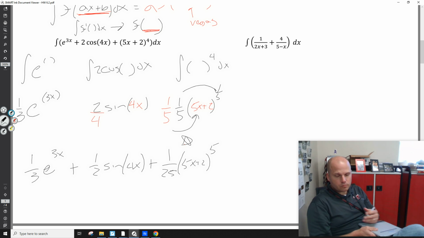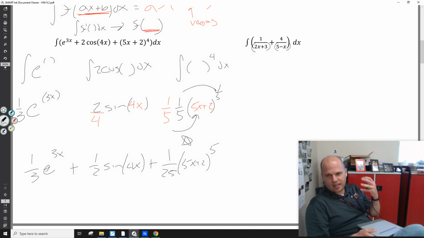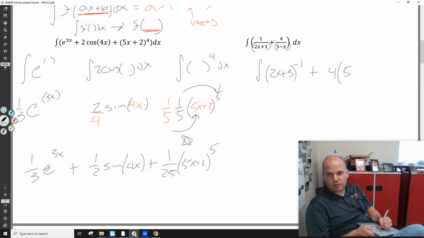Cool. We encounter something like this, and a lot of us are not sure what to do. The key is noticing that it's like a parentheses to the negative 1st power, or rewriting it as 2x plus 3 to the negative 1st, and then 4 times 5 minus x to the negative 1st.